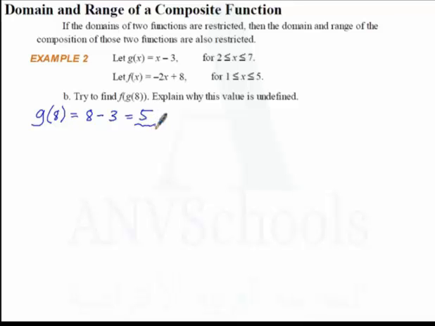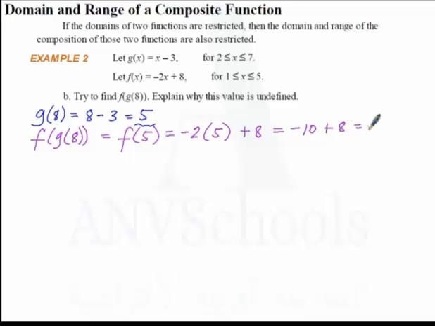And our f of g of 8 is equal to f of 5. And f of 5 is equal to negative 2 times 5 plus 8, which is negative 10 plus 8, which is equal to negative 2.